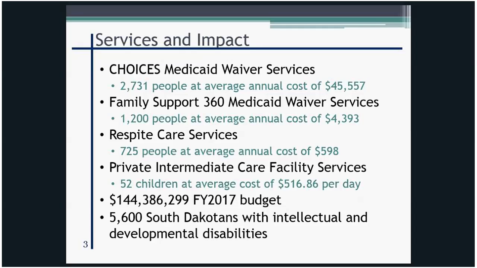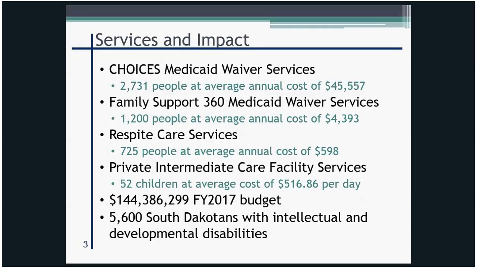The Choices Waiver is probably what I would say is the flagship of our division. It makes up the vast majority of our funding, of our budget. We draw down federal financial participation at FMAP to fund people's services and supports in the community.